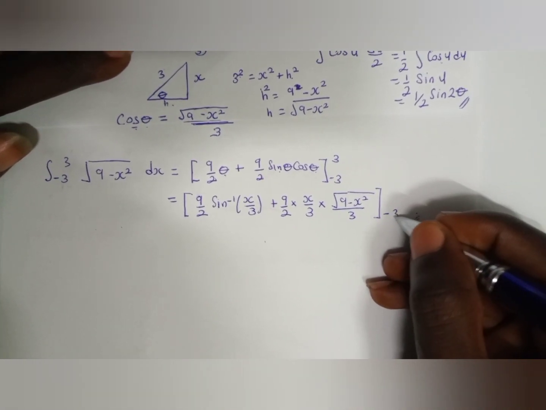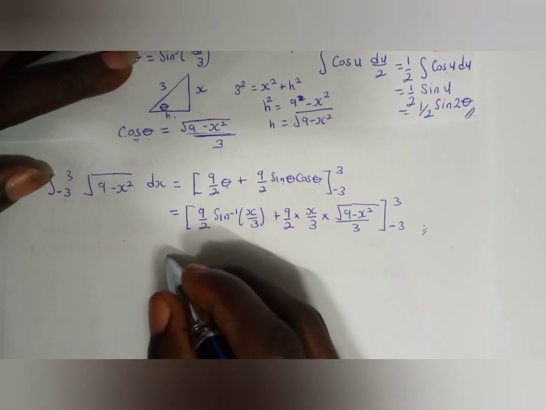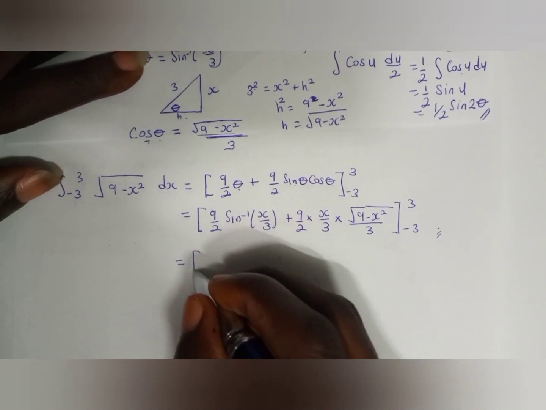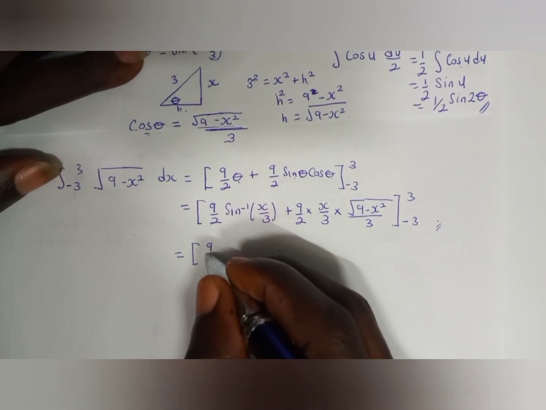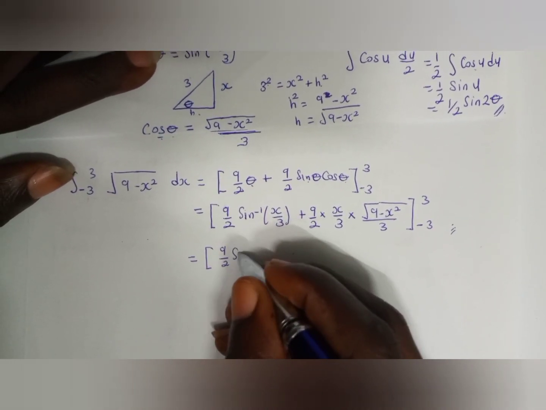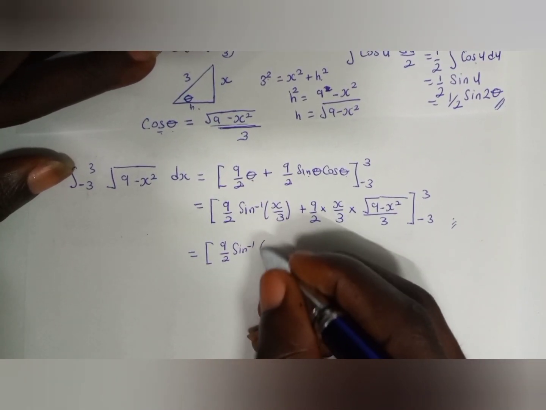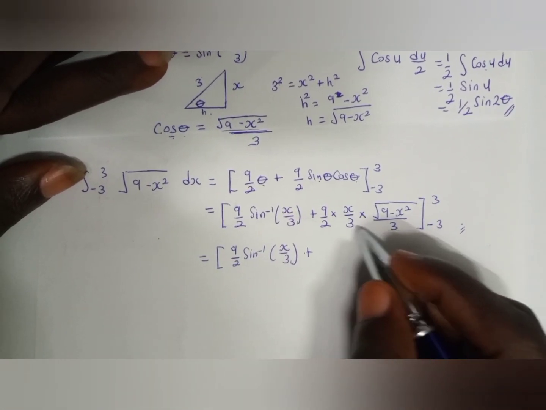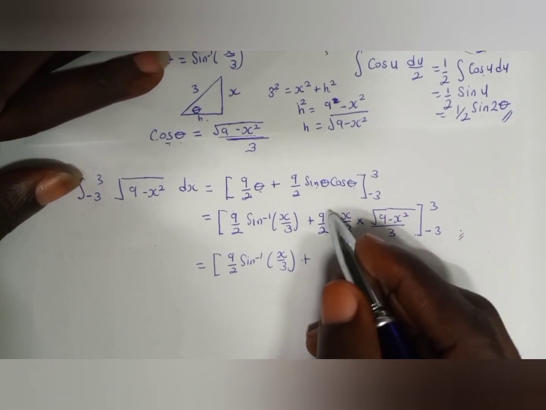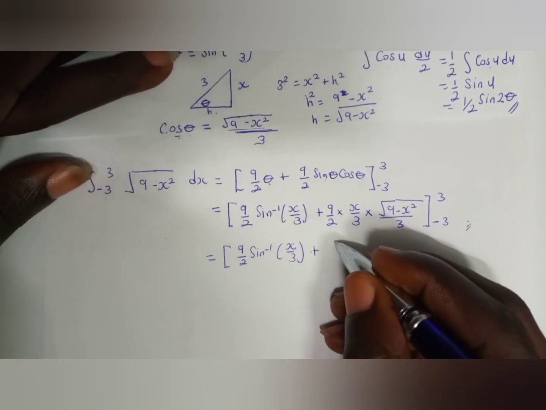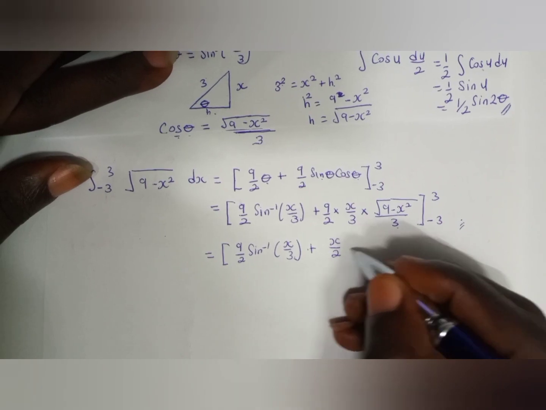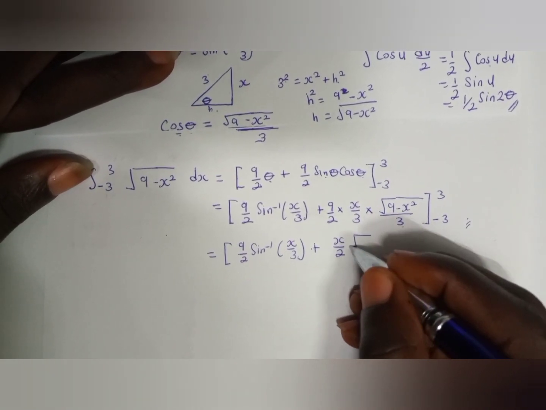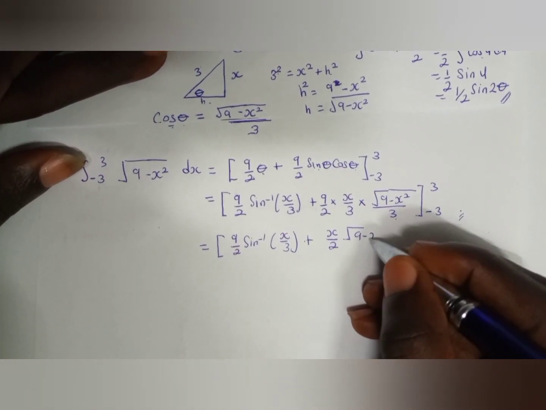So this is equal to 9 out of 2 sine inverse of x out of 3 plus x out of 2 root of 9 minus x squared.